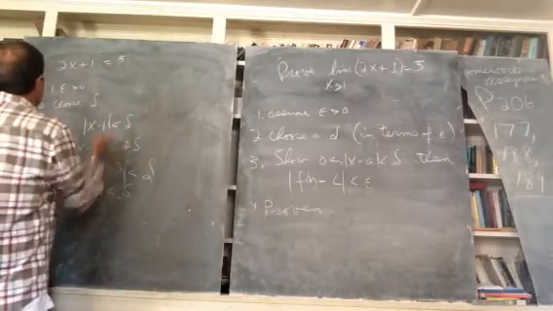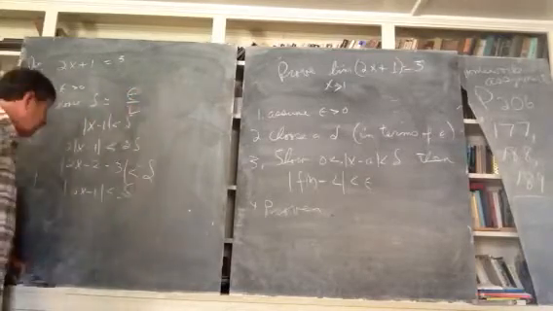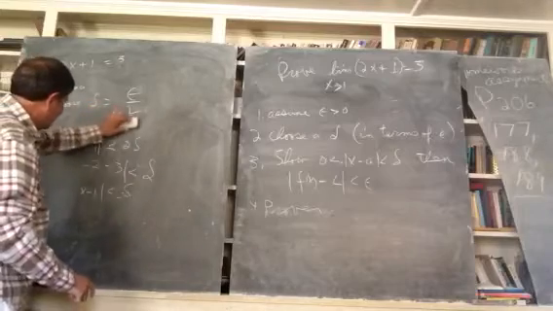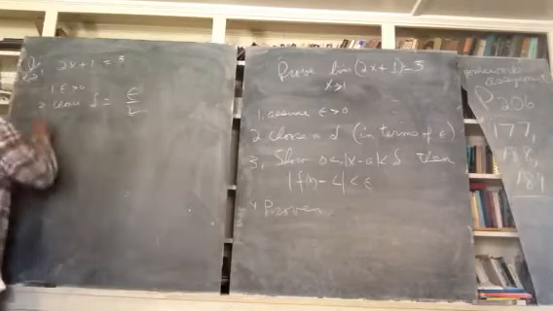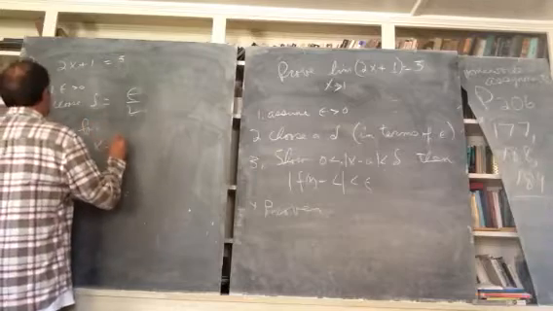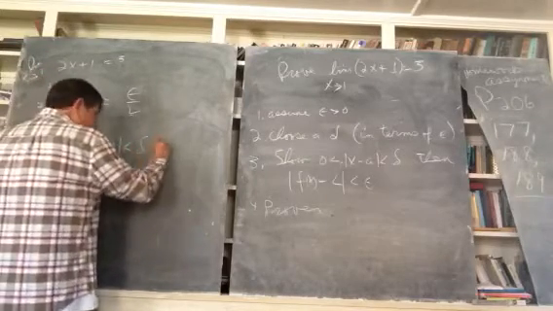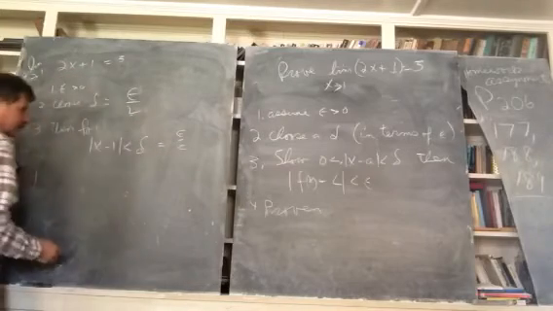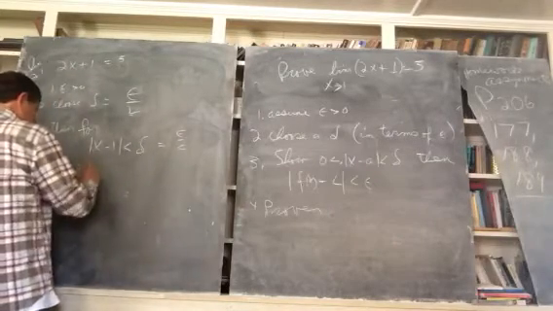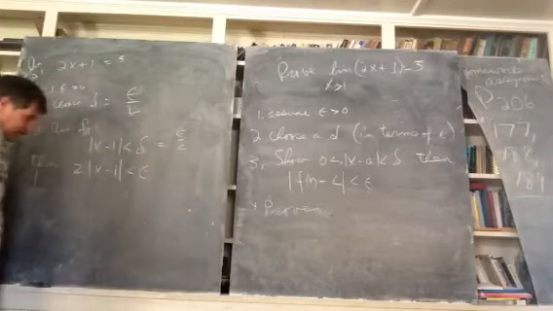And so choose delta equal to epsilon over 2. This is the hard part, right there. Then four, if absolute value of x minus 1 is less than delta, which by the way is epsilon over 2, then 2 times absolute value of x minus 1 is less than epsilon.